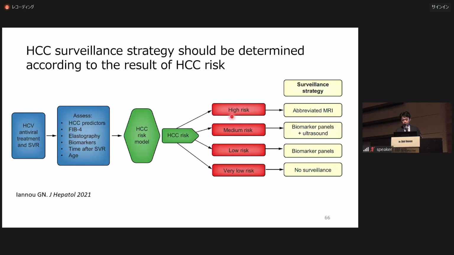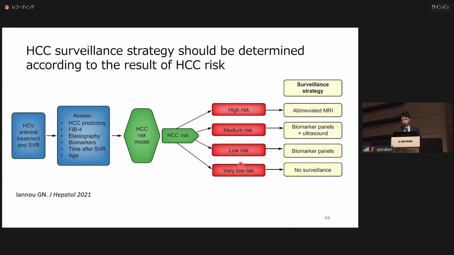If the patient has high risk, in this paper, abbreviated MRI is recommended. Abbreviated MRI is a shortened protocol of MRI. And if the patient has medium risk, biomarker panels and ultrasound are recommended.